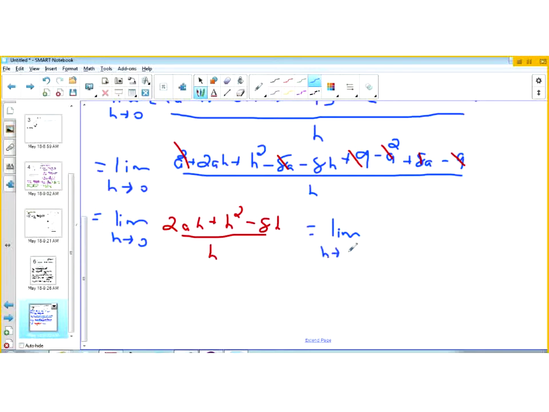Now we can get some cancellations in the h's. So this will be the limit as h approaches 0 of 2a plus h minus 8. Now we have a polynomial in h, so we can use direct substitution. So this would be 2a minus 8. That would be the slope of the tangent line to f at any value x equals a.